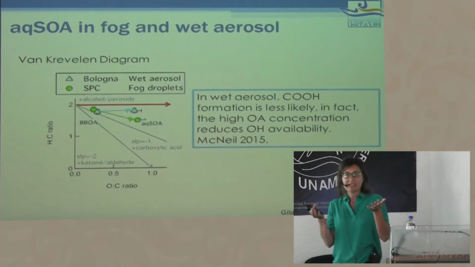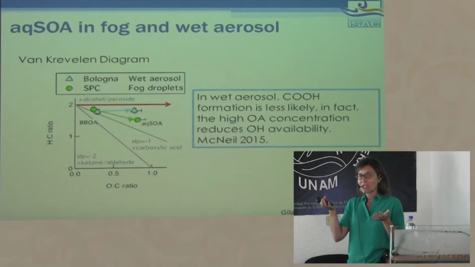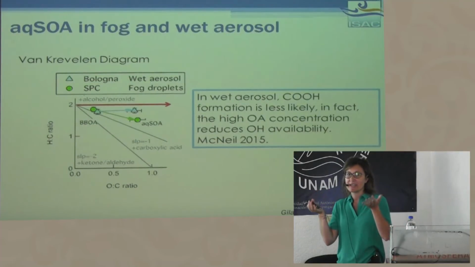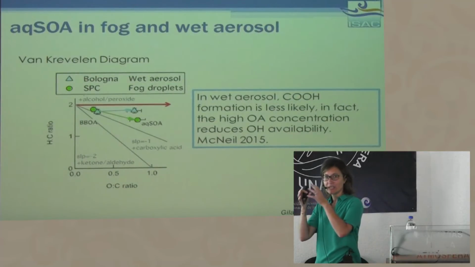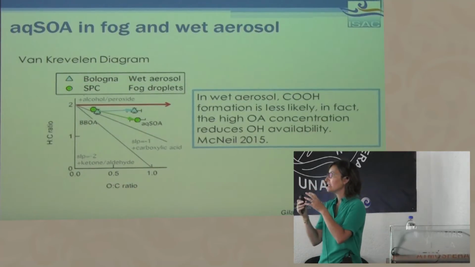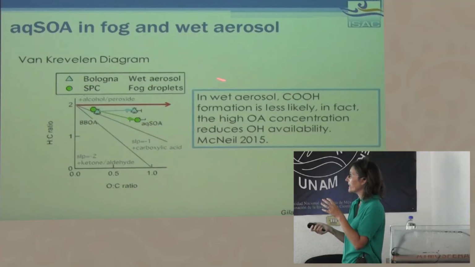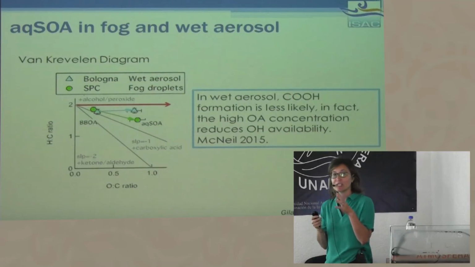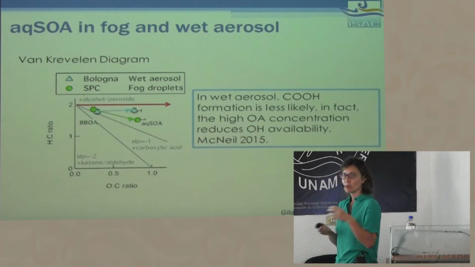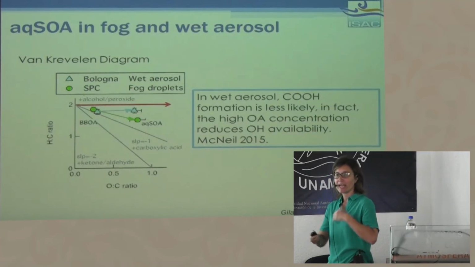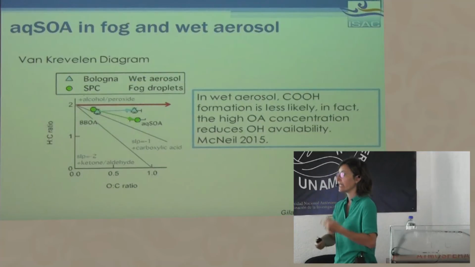So it means that in the wet aerosol, we have a much higher concentration of solute than in fog droplets. But if you have a high concentration of organic aerosol in a wet aerosol particle, it means that you are consuming the OH radical very quickly. So since you are consuming the OH radical quickly, the OH radical is not able to drive the oxidation of organic aerosol, and other chemical mechanisms are kicking in.